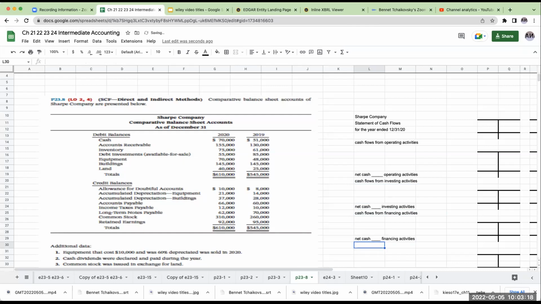And lastly, we're going to have our total change in cash, which is going to be 19,000.